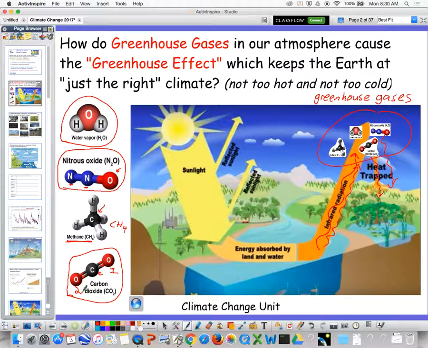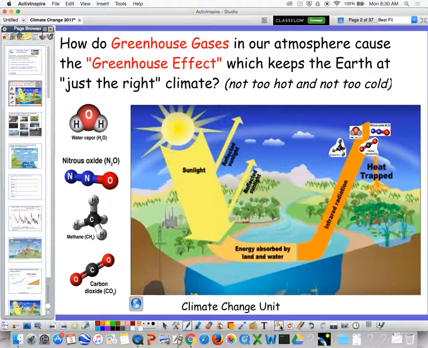We'll talk more about carbon dioxide's role in the atmosphere. But what all these greenhouse gases have in common is they have to have 3 or more atoms. Essentially, this chemical makeup allows them to absorb the infrared heat and then re-emit it.